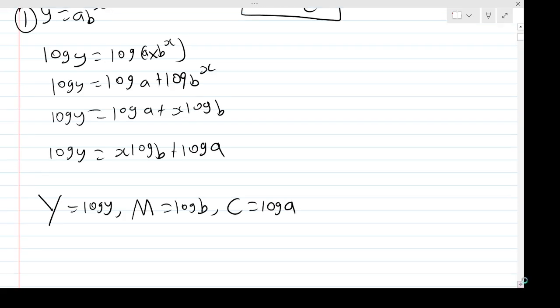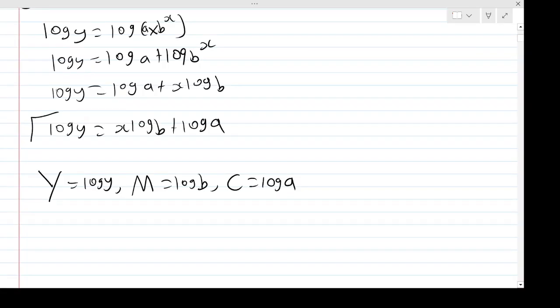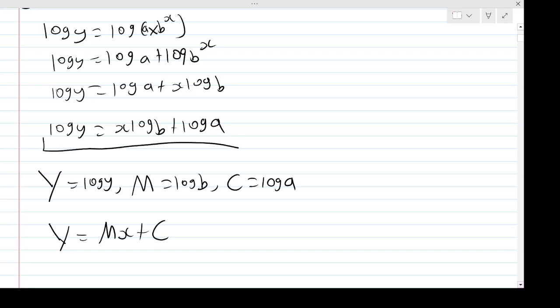If I use these substitutions, log y is big Y, and x log b is mx, and log a is big C. Well, what do you know? This is actually a straight line. This is now in straight line form, Y = mx + c.